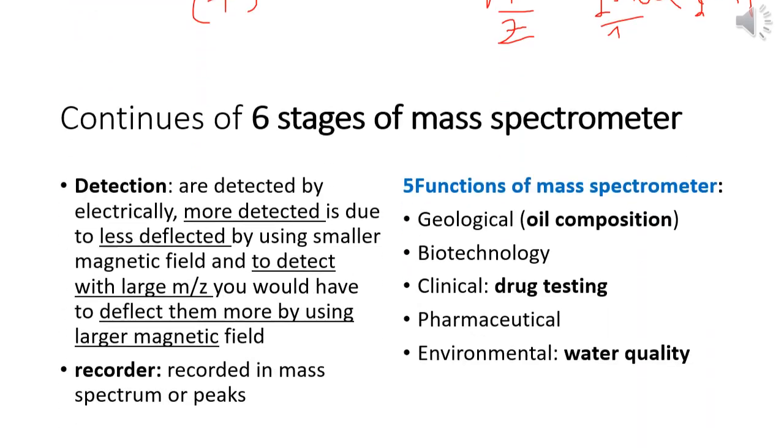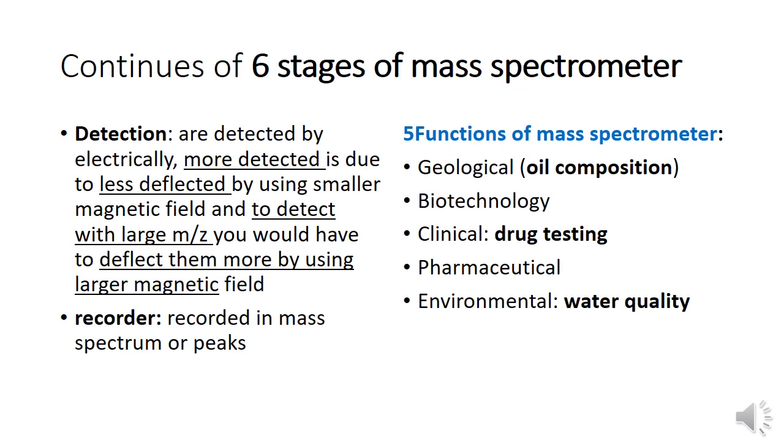Also, the fifth stage is called detection. How are ions detected? Electrically. If you understand electrically, it means you have positive and negative. Remember, the mass spectrometer works with positive ions only.